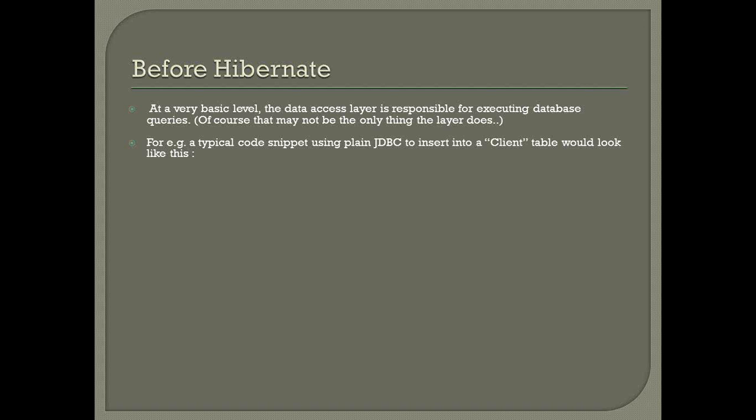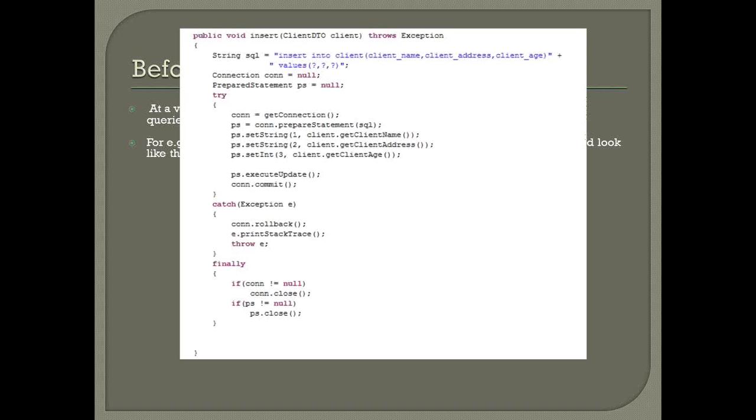If you look at a typical JDBC code which is inserting data into a client table, I've taken a client table with a client name, client address, and age. Of course, there would be a primary key also in that table.